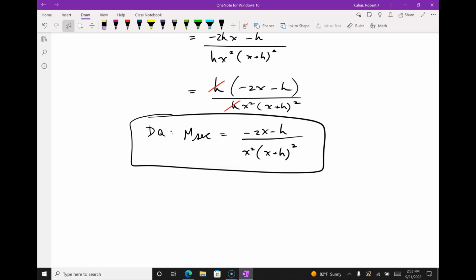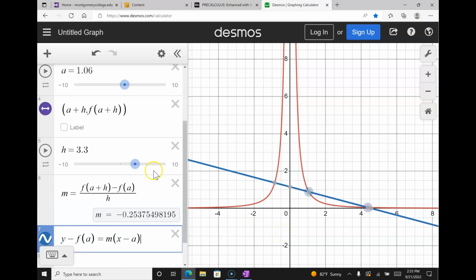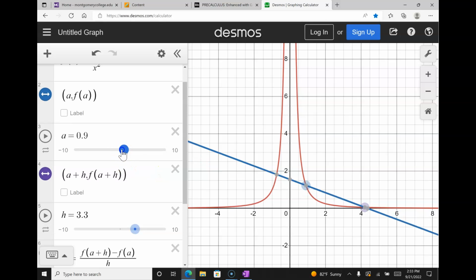Let's see what it does for us, right? So looking at Desmos, I think I like the first point at 1. Looks like I have the point 1, 1 there. Do you agree? So if you can move A to 1, and maybe H to a half.